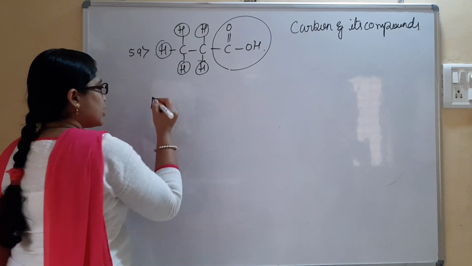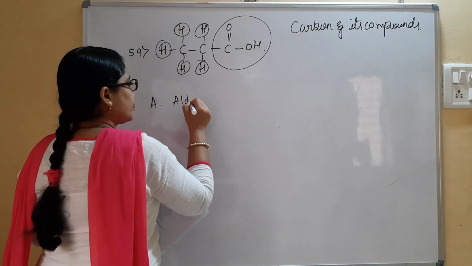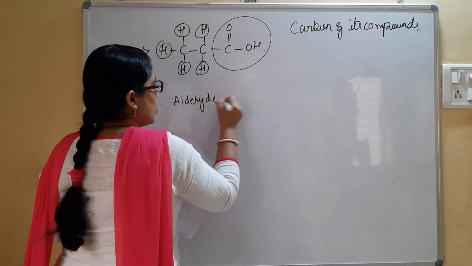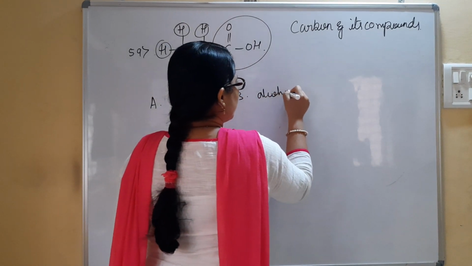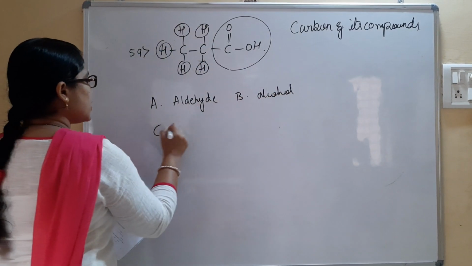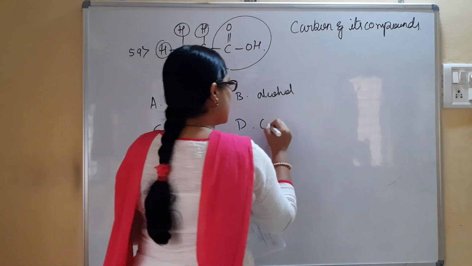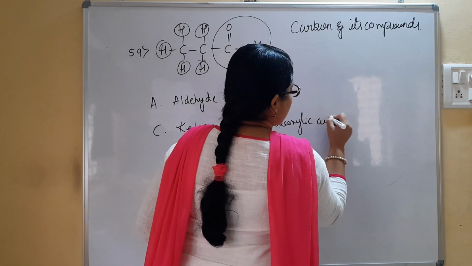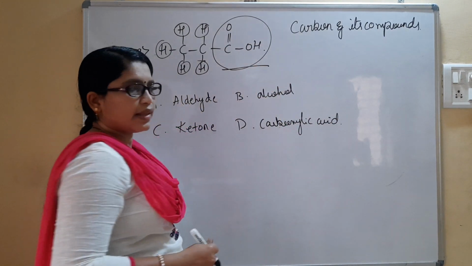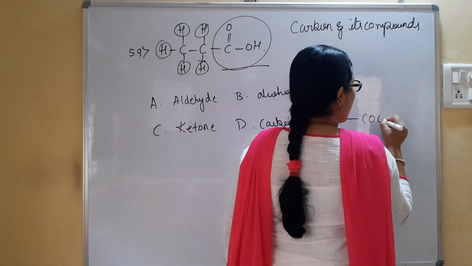Option A is aldehyde. Option B is alcohol. Option C is ketone. And option D is carboxylic acid. Just by seeing the question itself, it is COOH.